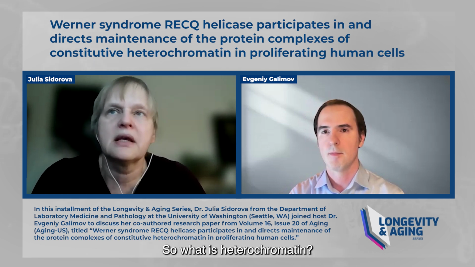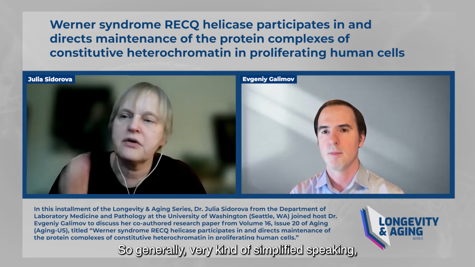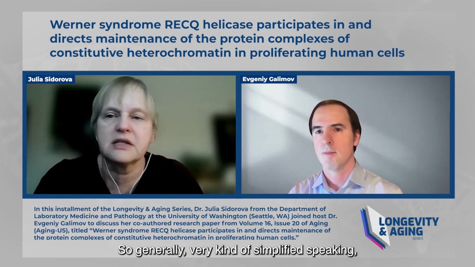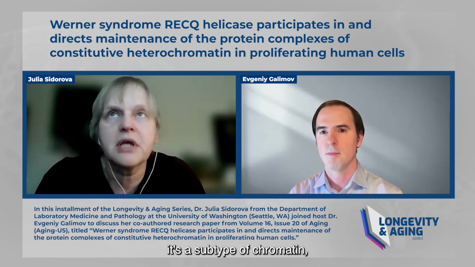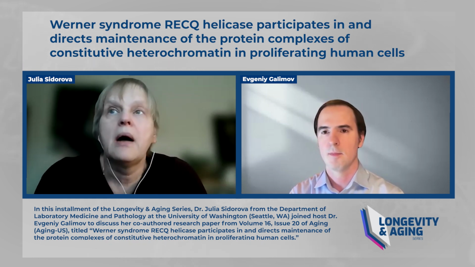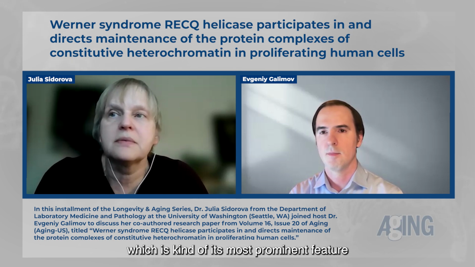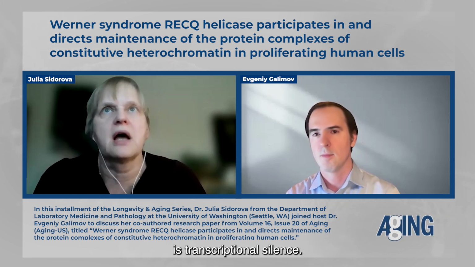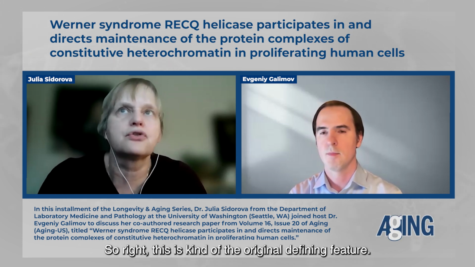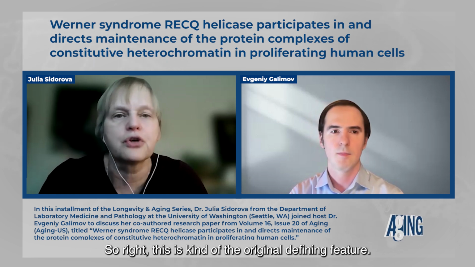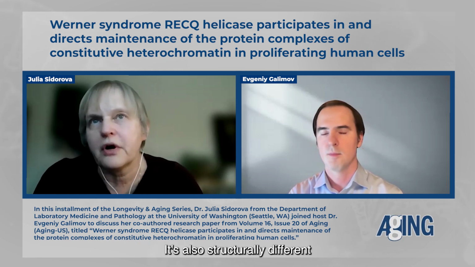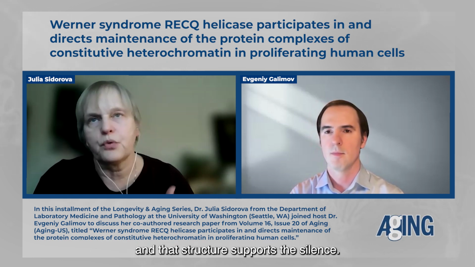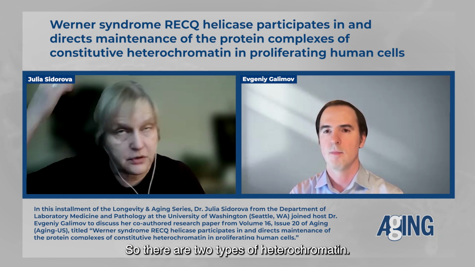So what is heterochromatin? Very simplified, it's a subtype of chromatin whose most prominent feature is transcriptional silence. This is the original defining feature. It's also structurally different, and that structure supports the silence. There are two types of heterochromatin.